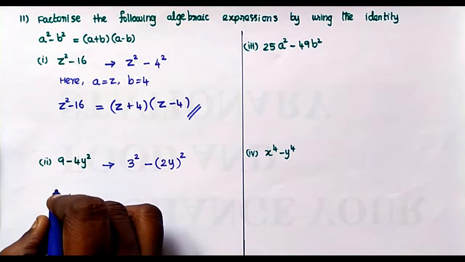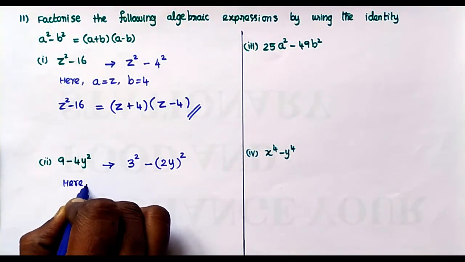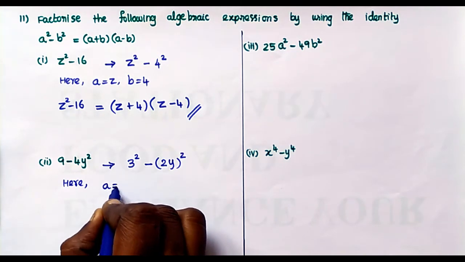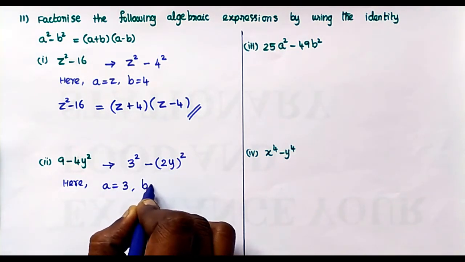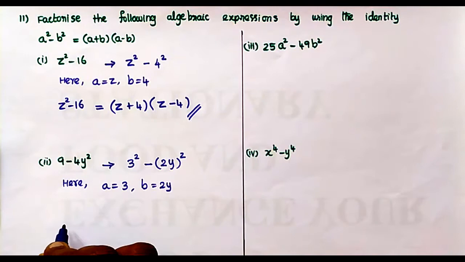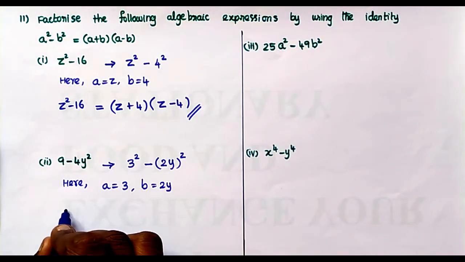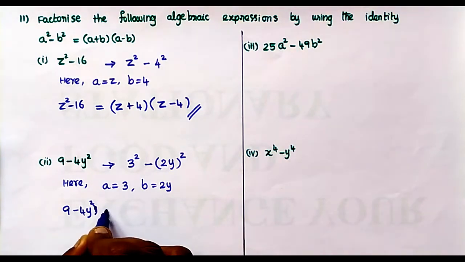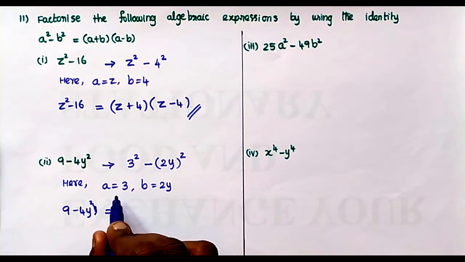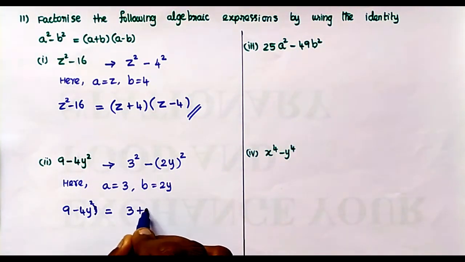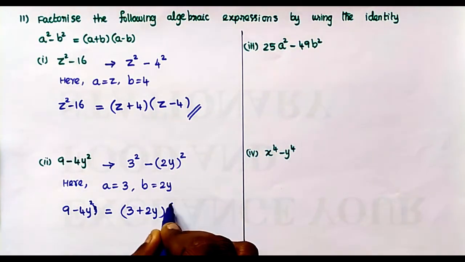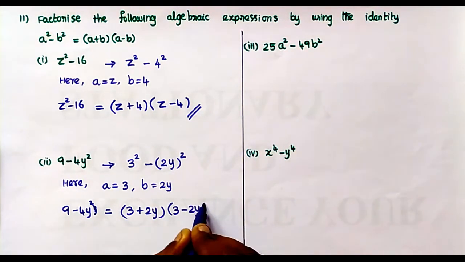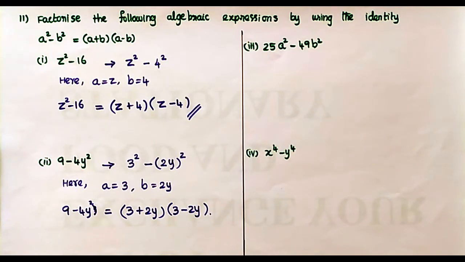It's equal, no? Here now a equal to 3, b equal to 2y. How will you factorize that? 9 minus 4y squared is equal to a plus b into a minus b, that is 3 plus 2y into 3 minus 2y. That is the answer.